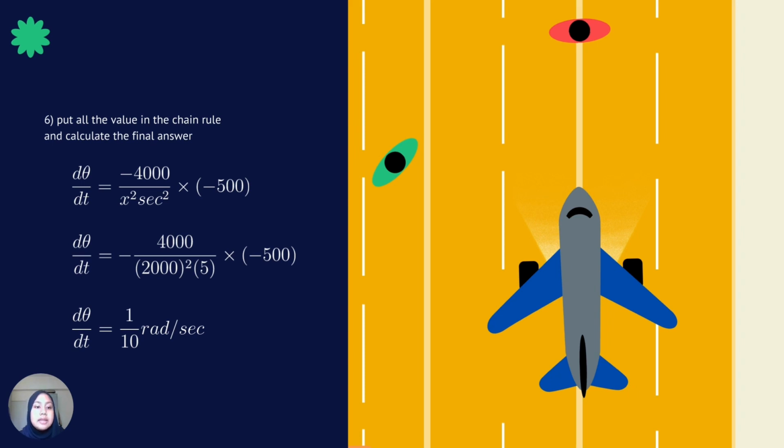So we will get negative 4000 divided by 2000 squared, times 5, which is the value of secant square theta. And then after calculating negative 4000 divided by 2000 squared times 5, we multiply the value by negative 500. After doing the calculations with the calculator, we will get the final answer, that is d theta over dt equal to 1 over 10 radian per second. So that is the final answer for our problem statement.